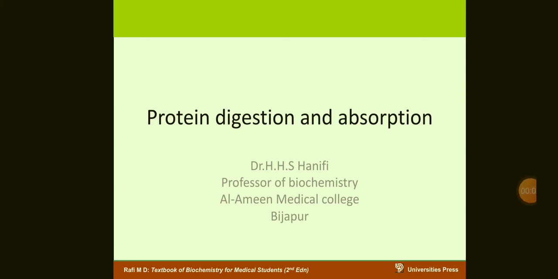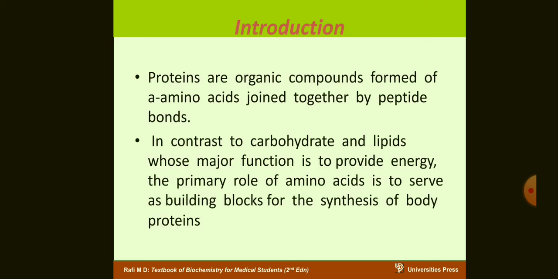My dear students, we are going to discuss today an important chapter from protein metabolism, that is protein digestion and absorption. Proteins are organic compounds formed of amino acids joined together by peptide bonds.